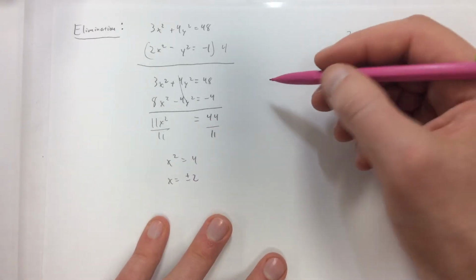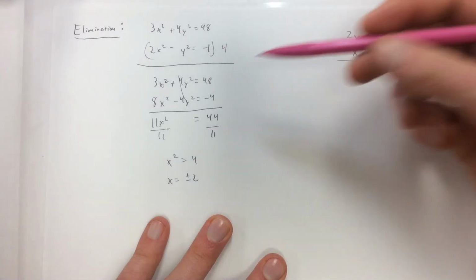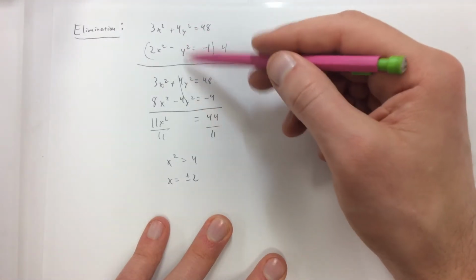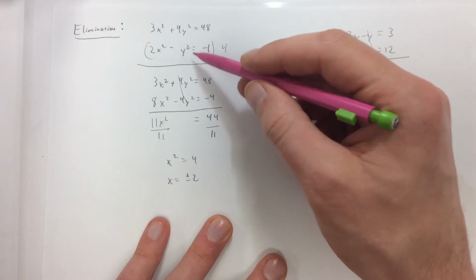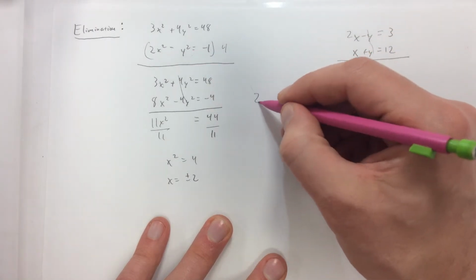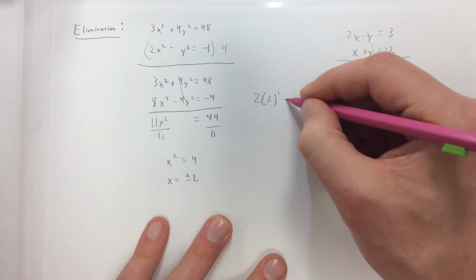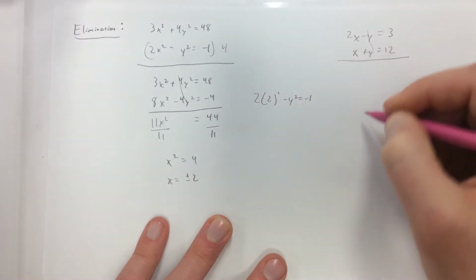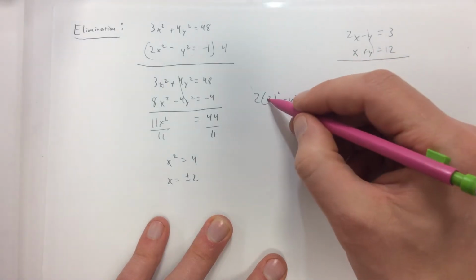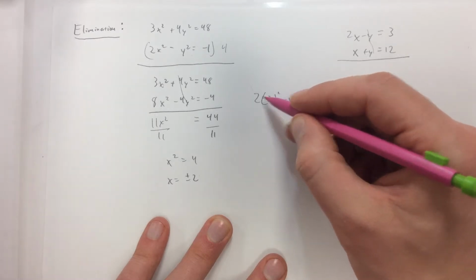So, since x could be 2 or negative 2, I'm going to have to plug these back into one of my original equations to get what y squared is. I'm going to use this one right here. 2 times 2 squared minus y squared is equal to negative 1. Well, that's going to give me 8.